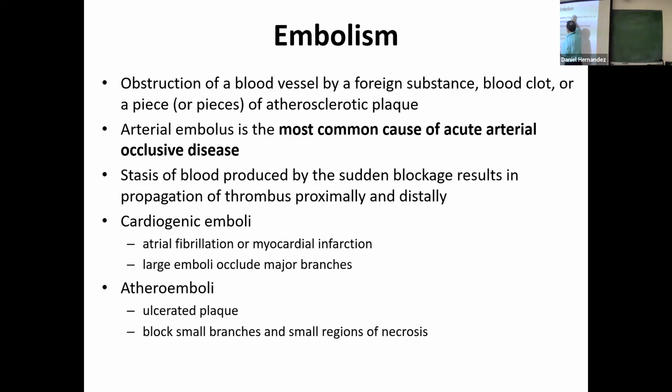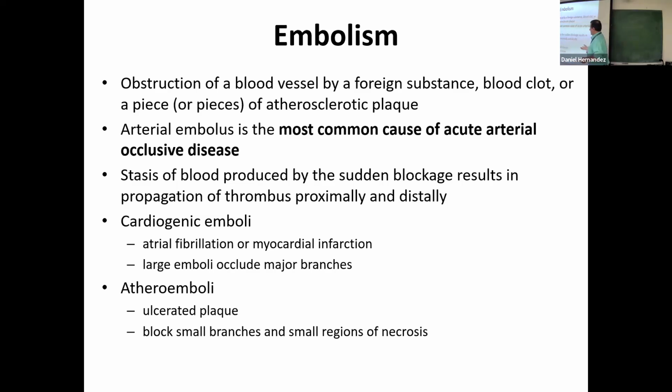Embolism could also be, we said, blood clots in the arteries, most likely coming from the heart. They get ejected from the heart and lodged in an artery. So arterial emboli are the most common cause of acute arterial occlusive disease, and we said the most likely source of that embolus is going to be cardiac in nature.